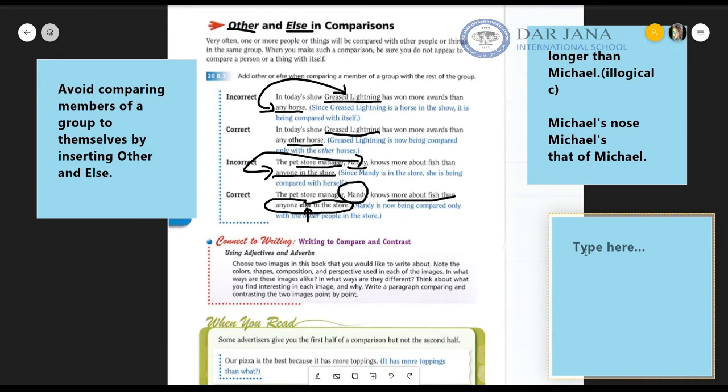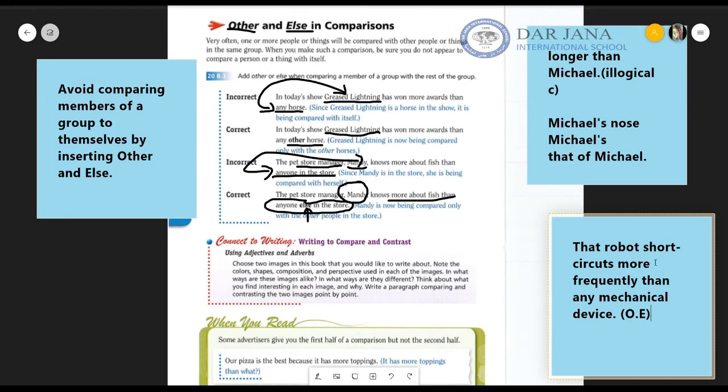another example. "That robot short circuits more frequently than any mechanical device." Now, what is this? I'm comparing the robot, which is a mechanical device, to itself. So this is missing "other" or "else" in the comparison, which is incorrect because I have neither "other" nor "else," so I need to correct this.